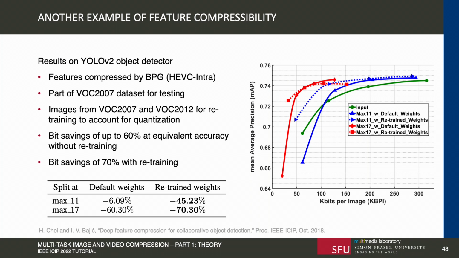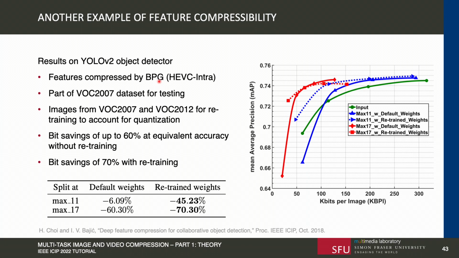So here's another example of feature compressibility, this time using a more sophisticated network, the YOLO version 2 object detector, and a more sophisticated codec, BPG in this case. This codec is used to compress both the input and the tiled features.